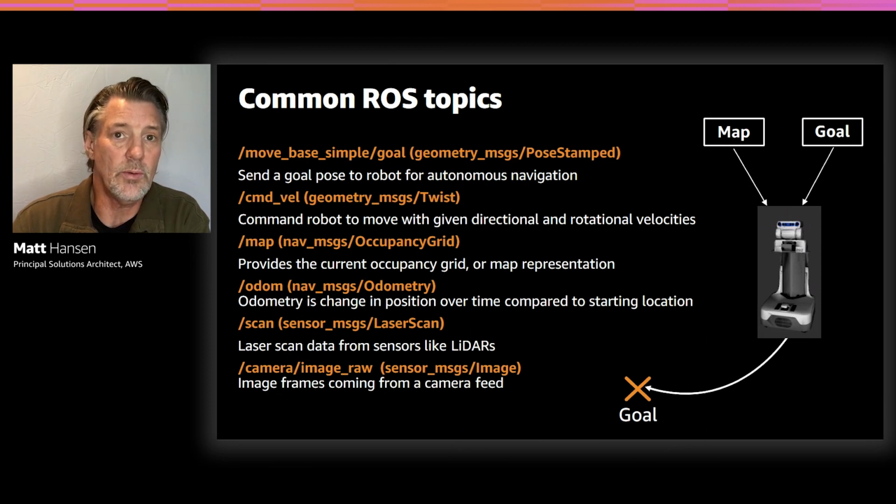So for sending a goal pose to a robot, you use what's called the move base simple goal topic, and the message type is called a pose stamped. In order to send it a map, you use the map topic with an occupancy grid. And once you do that, then the robot can navigate to a goal location. And I'll give you an example of this later in our demo.